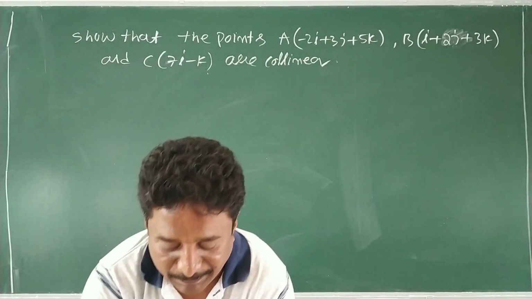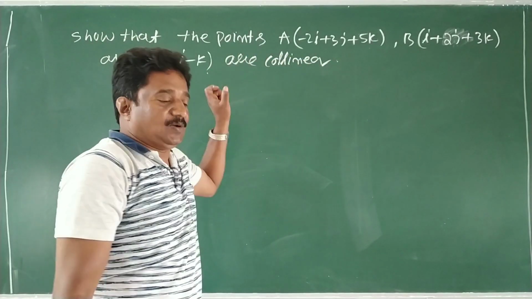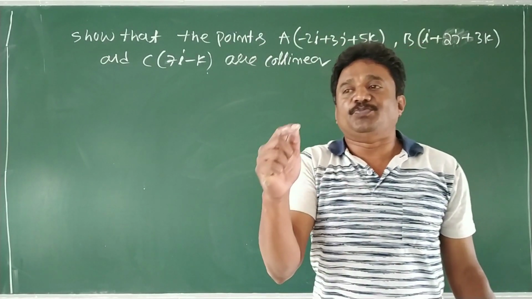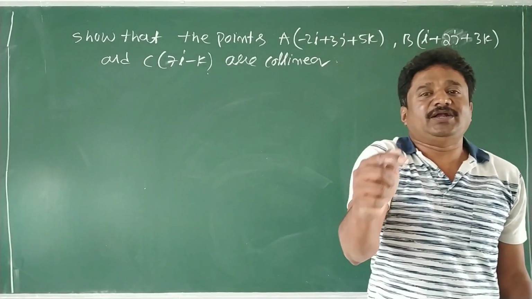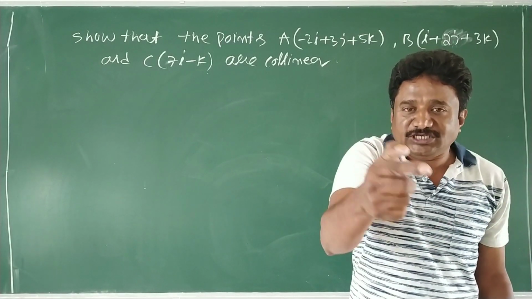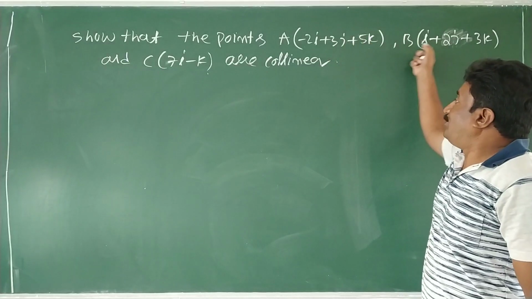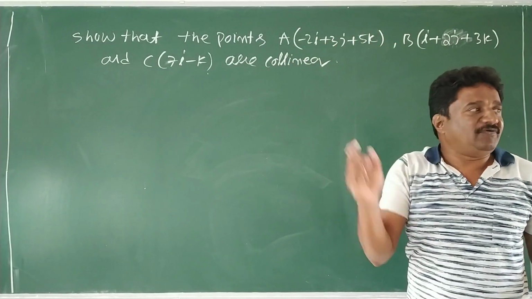Look at this simple question, students. Show that the points are collinear. Points means position vectors. How do you change the given point into a vector? Using PV, position vector. Points are nothing but position vectors.